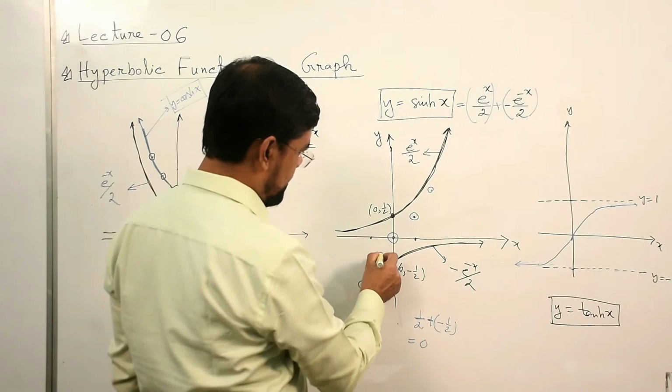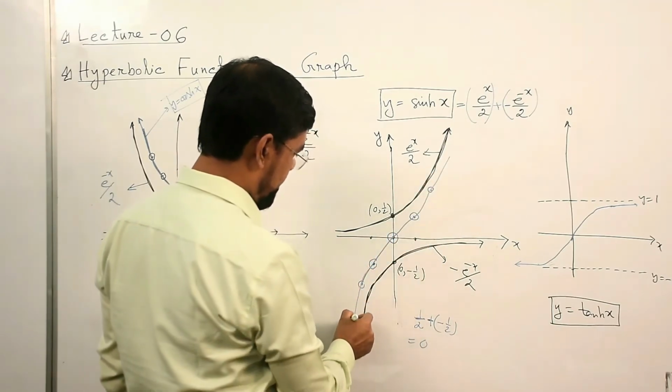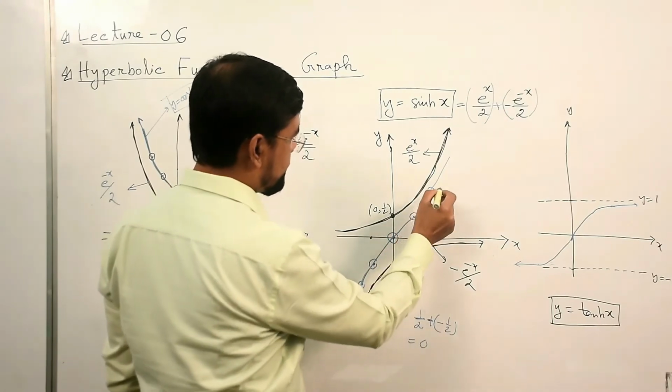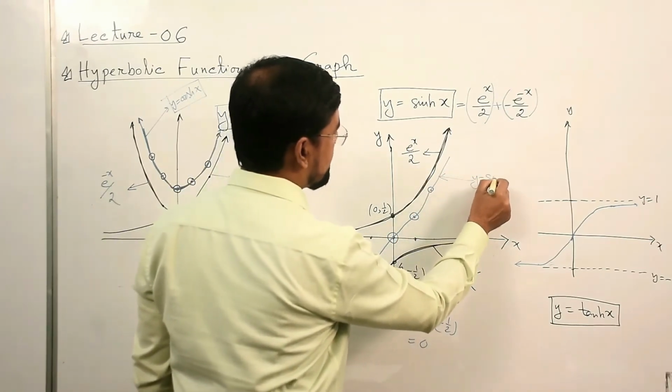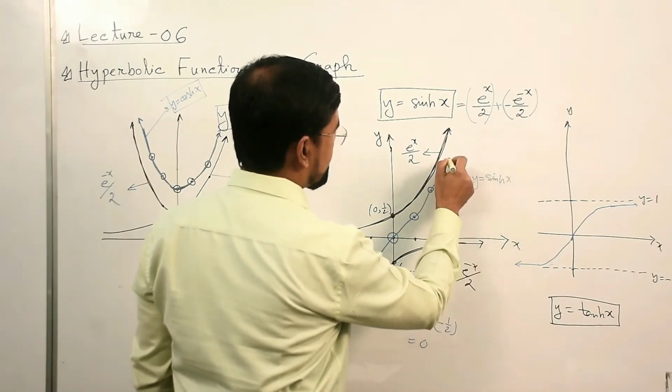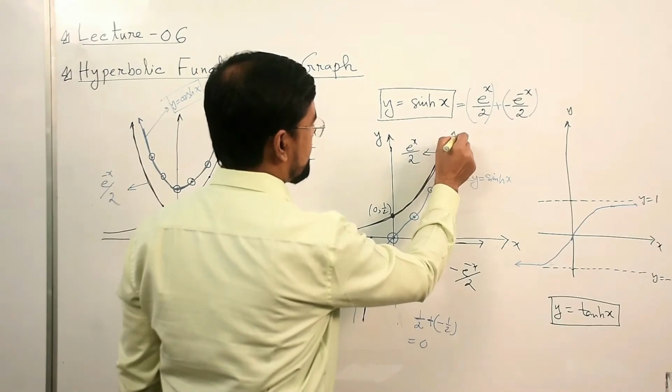So the graph of sinh x will look like this. This one is the graph of y equals hyperbolic sine of x, and it has a curvilinear asymptote.